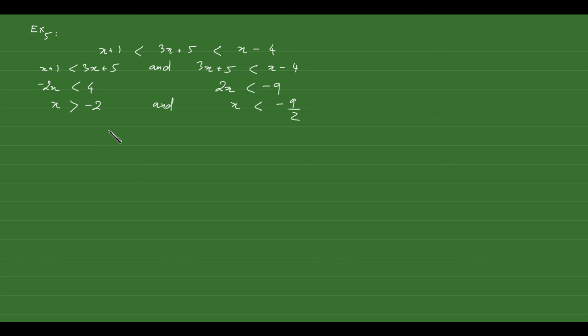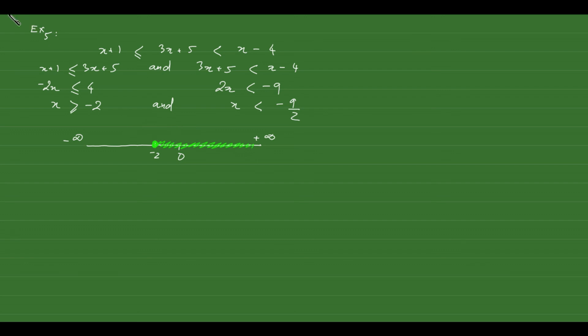So go ahead and put it on the number line. In this case I'm going to use two different number lines so that you can see better. So negative 2 here is 0 right here, and maybe I'm going to change a little bit here. We put an equal sign so that it's more fun. So this is a closed bracket. I'm going to use a closed bracket and shade everything to the right.